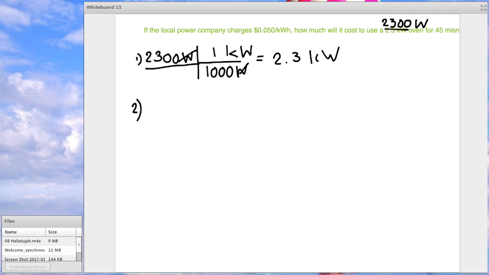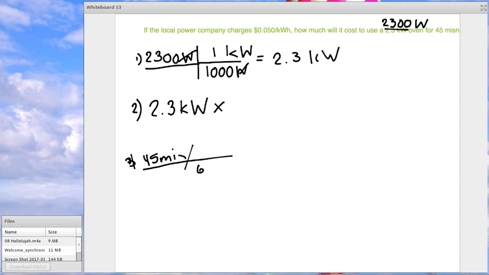Then I'm going to take my 2.3 kilowatts and multiply it by 45 minutes, except I need to convert those minutes to hours. If I was really smart, I would have done that ahead of time, in step 1, but I wasn't really paying attention.